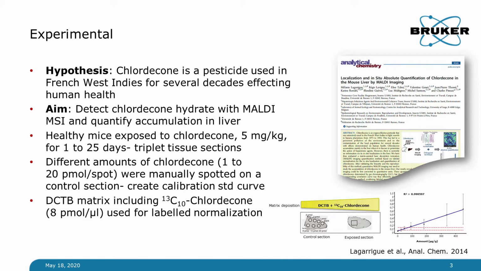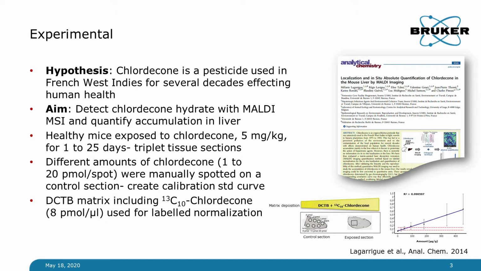We have a mouse model that has been exposed to chlordecone at 5 mg per kilogram body weight for up to 25 days. We have 3 tissues at different day points, and we also have a control section.